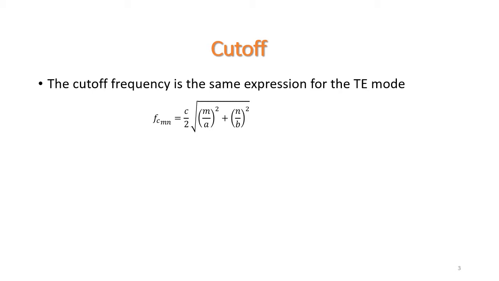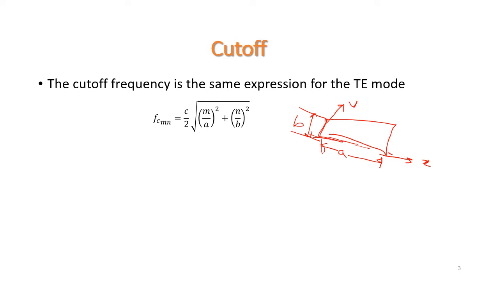For example, if this is your rectangular waveguide, this dimension is called A, that is along the x-axis, and this dimension is called B, and that is along the y-axis.